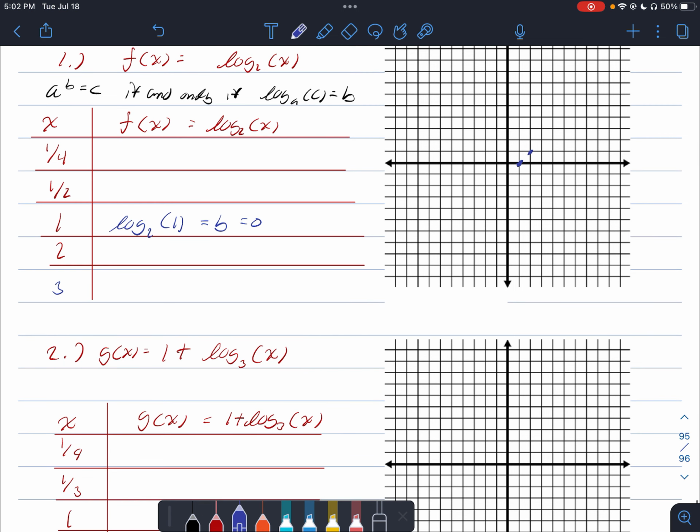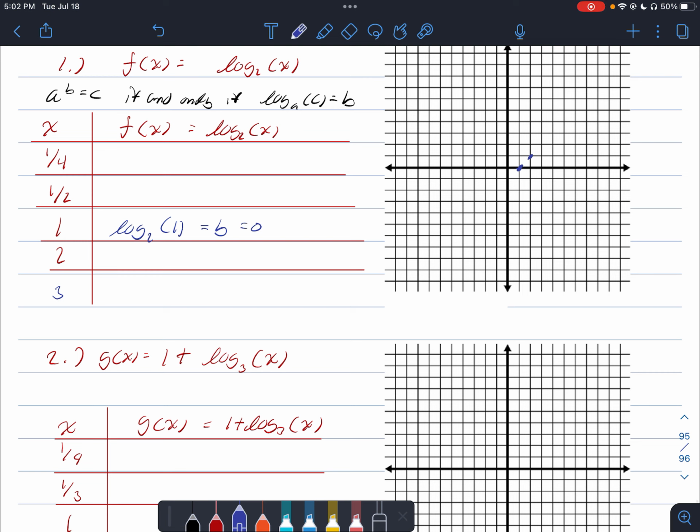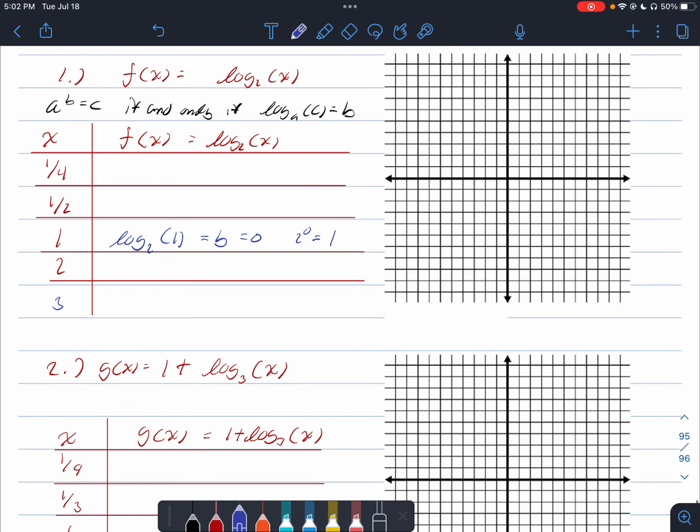Okay, so we have then 2 to the 0 is equal to 1. That makes sense. So we can plot the point x equals 1 at 0.